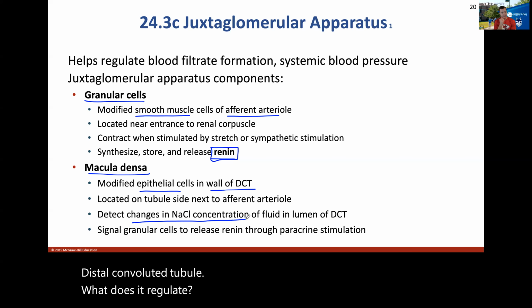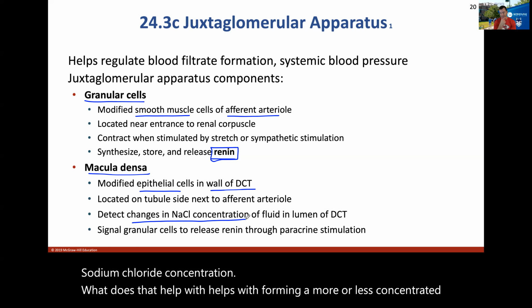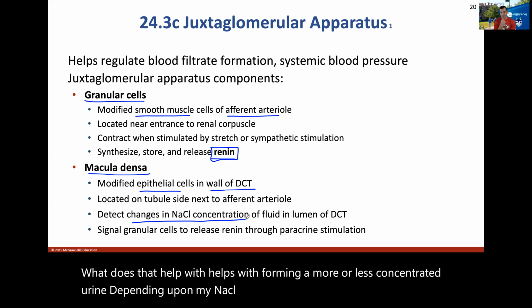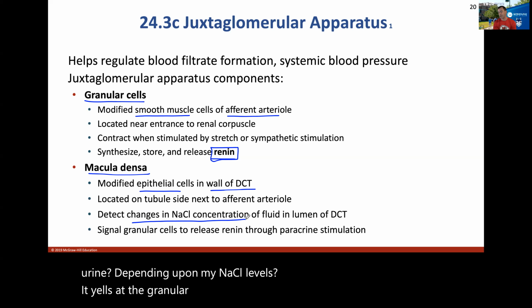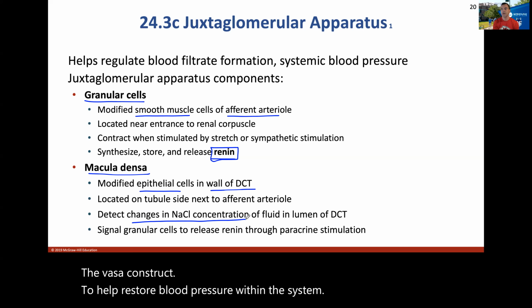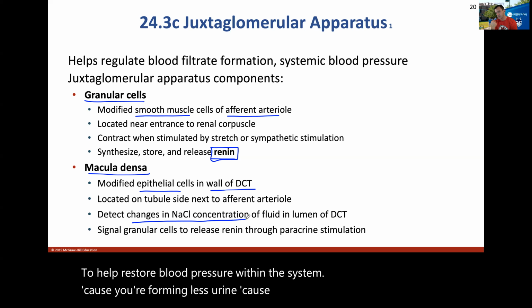Sodium chloride concentration. What does that help with? It helps with forming a more or less concentrated urine, depending upon my NaCl levels. It yells at the granular cells to secrete the renin, to vasoconstrict, to help restore blood pressure within the system, because you're forming less urine, because you're filtering less water out of the blood.